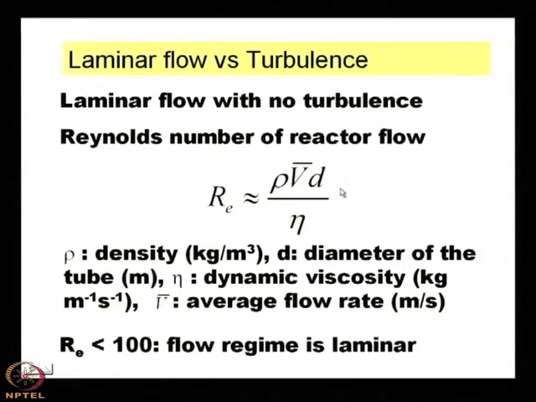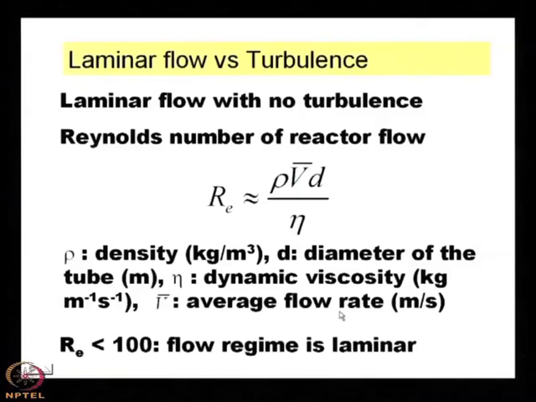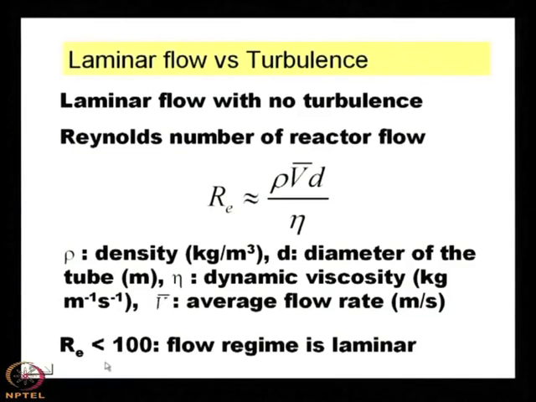So, that means your diameter of the reactor, okay, this is the diameter of the reactor, and your gas flow rate, what should be the flow rate? It is 6 liter per minute, 5 liter per minute, 100 cc per minute. So, those things you have to work out, so that the Reynolds number becomes less than 100 and the flow regime is laminar.